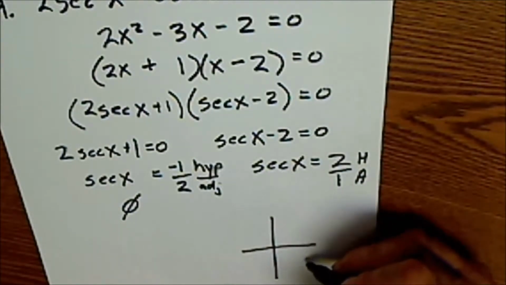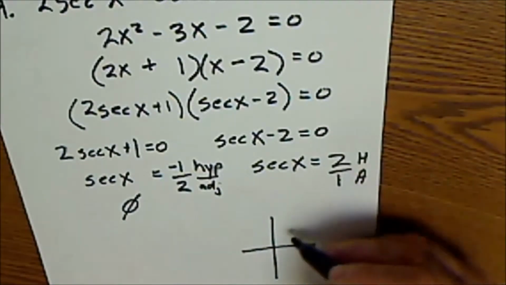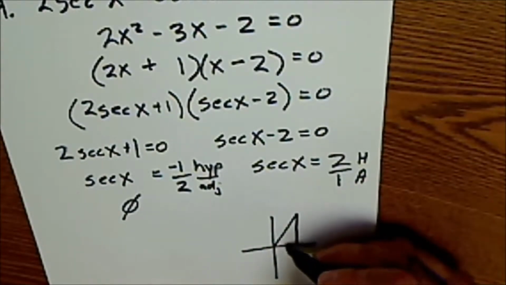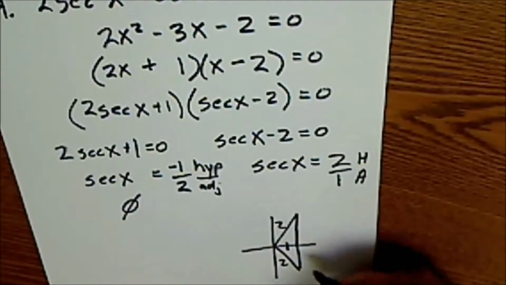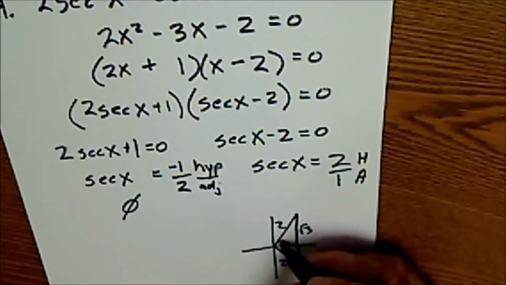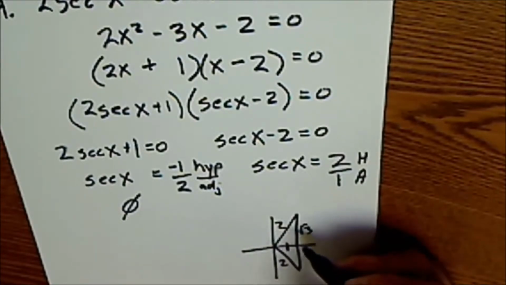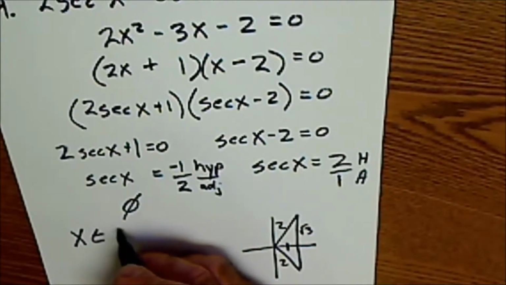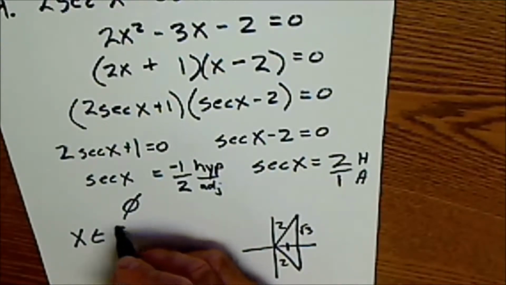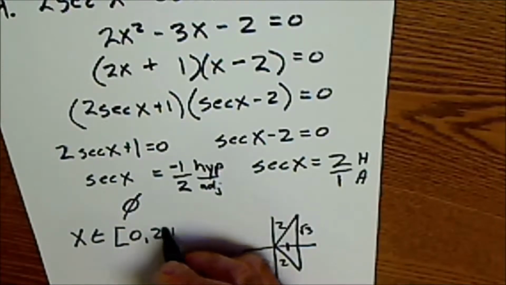All Students Take Calculus. A positive ratio of sides is in the first or in the fourth. So I have those triangles, root 3 opposite, 60 reference. On number 14, my domain is x is an element of the values 0 to 2 pi.